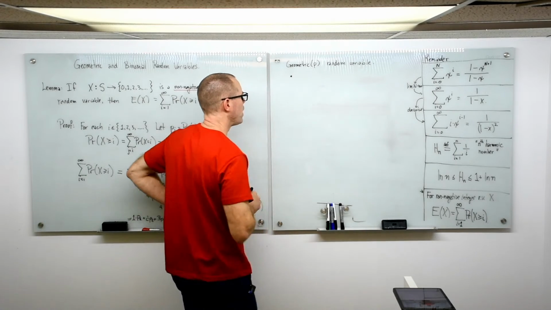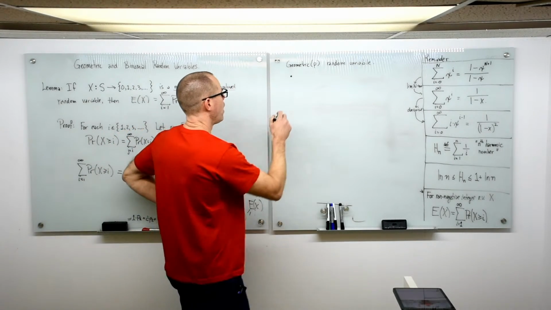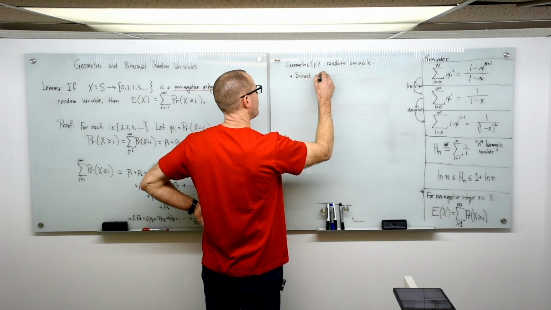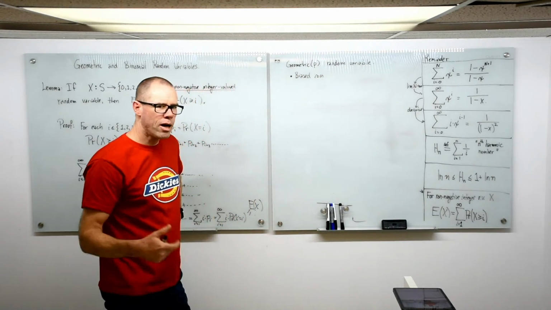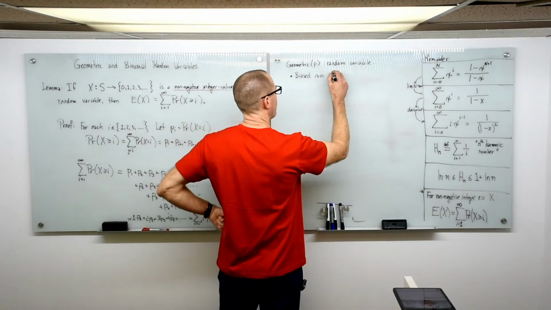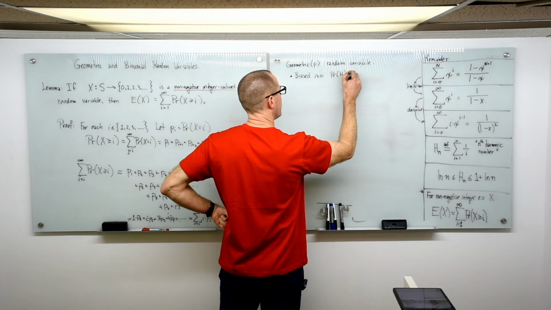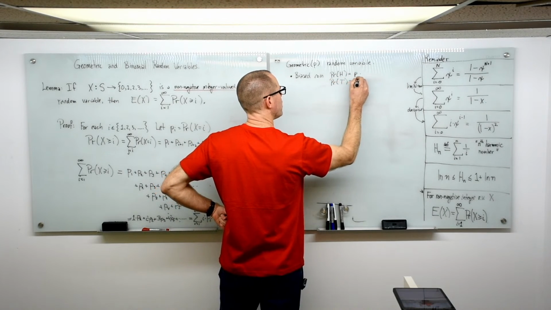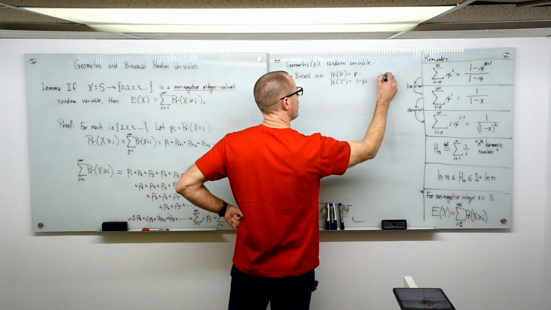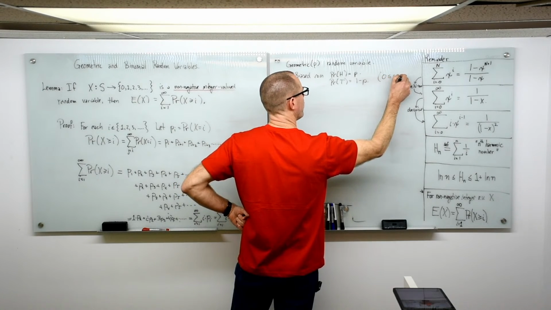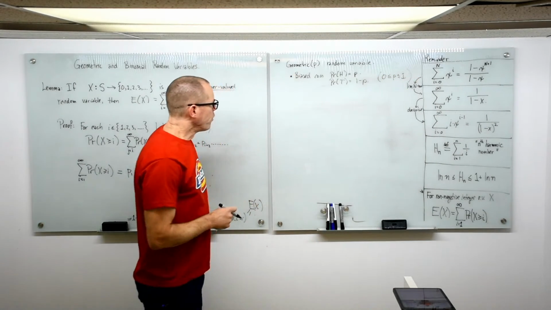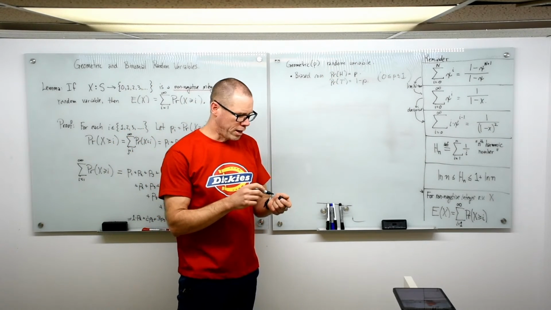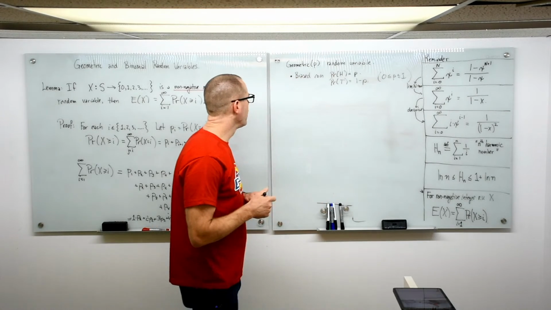The best way to think of this is we have a biased coin, that if we toss that coin, the probability of heads is equal to p, and the probability of tails is equal to 1 minus p, and here p is something between 0 and 1. So for a usual coin, p is a half, but this is a biased coin. Maybe it's more likely to come up heads or tails.